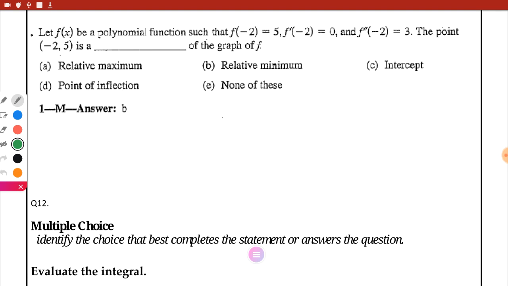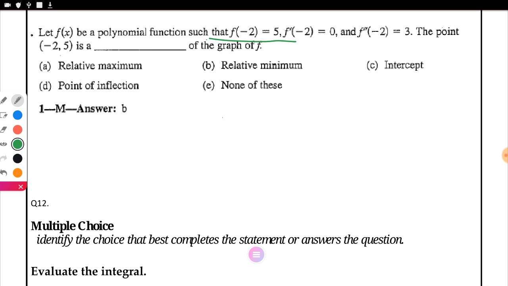In this case, we have to use the first derivative test. Here, let f be a polynomial. Please focus with me. Let f be a polynomial such that f of negative 2 equals 5. It means the coordinate here is negative 2 and 5. The first derivative at negative 2 equals 0.